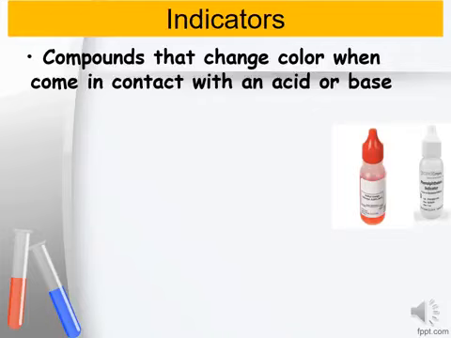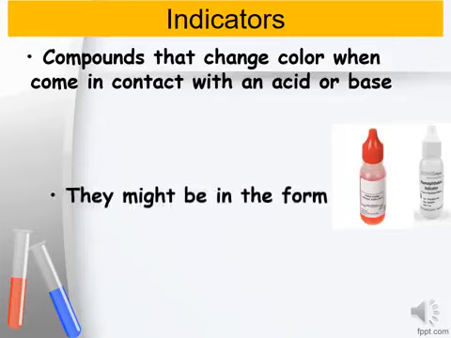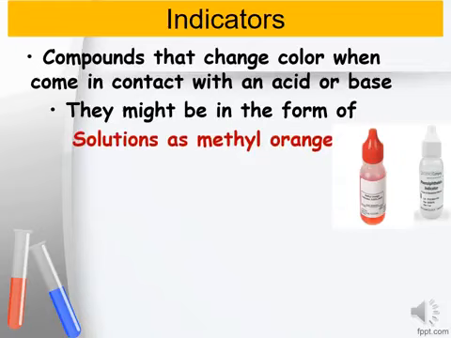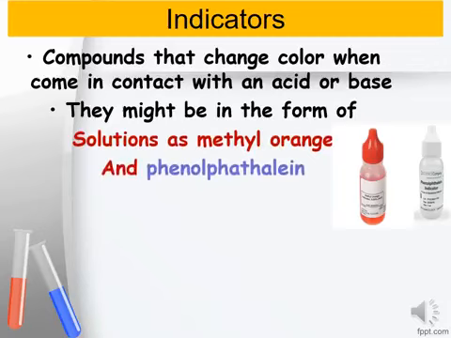These chemical indicators are colored solutions, and these solutions will change their color when they are in contact with acid or base. This indicator is present in the form of methyl orange. This is one indicator, methyl orange, and the other one is phenolphthalein.